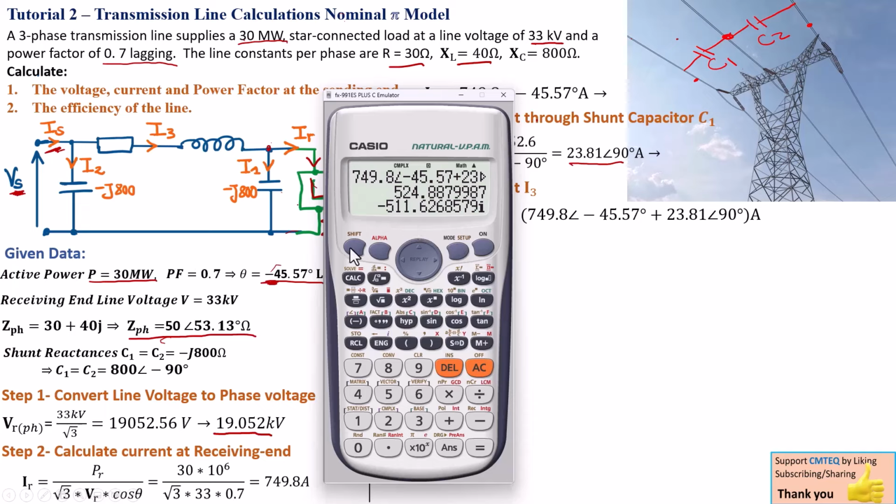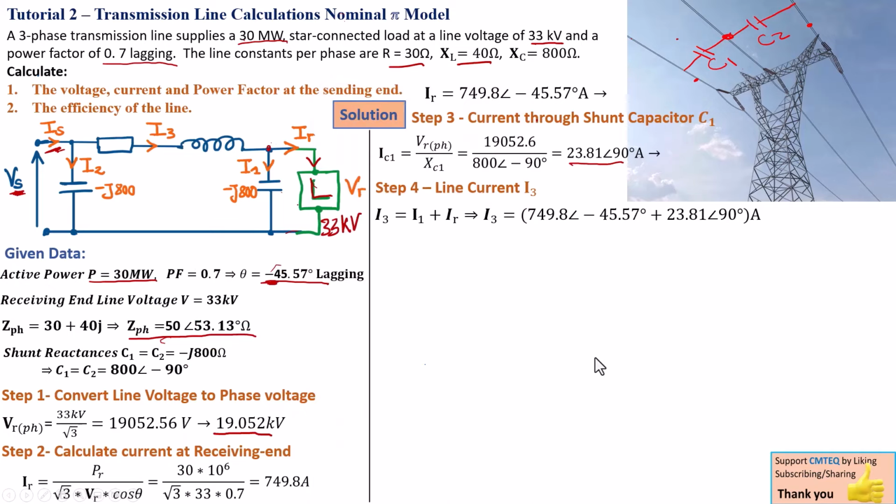Now we press shift, 3, and then equals to get our answer in polar form. So we have a current of 732.33 with an angle of negative 44.3. That is basically the current through the transmission line. Now we move on to step 5.